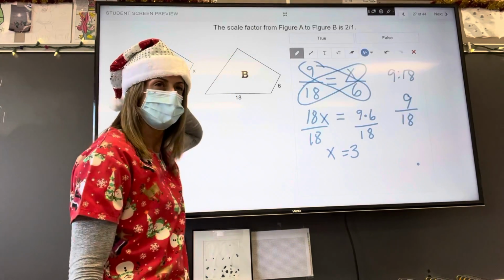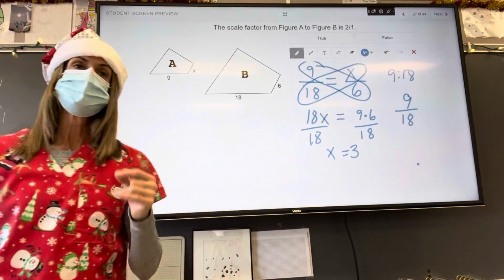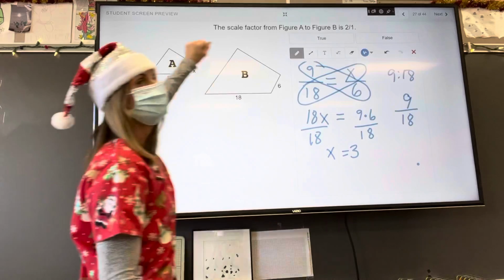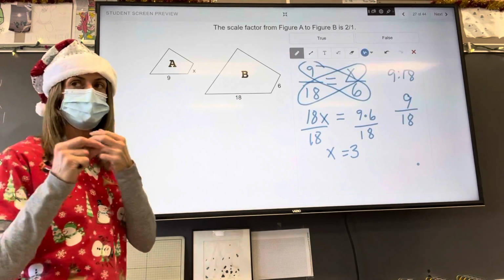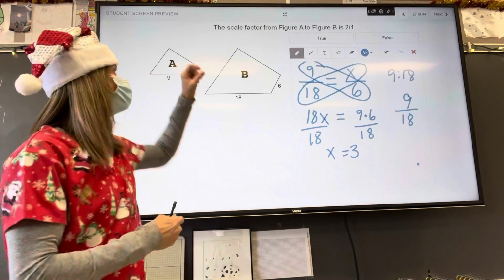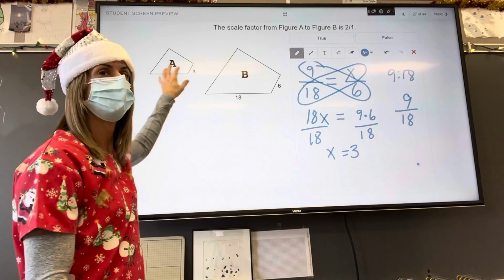Is that accurate? No, it's 1 to 2. However, if the statement said the scale factor from figure B to figure A is 2 to 1, that'd be true. So you have to be careful about which figure they say first. From A to B is 1 to 2, from B to A is 2 to 1.